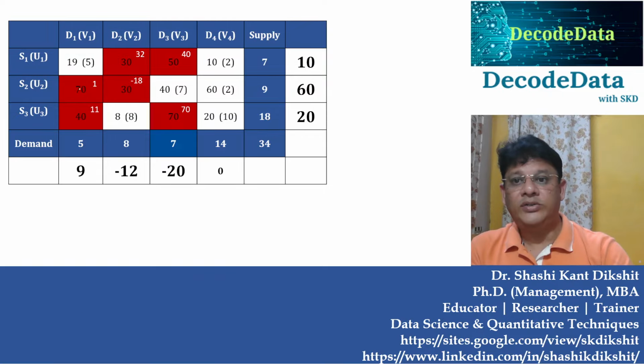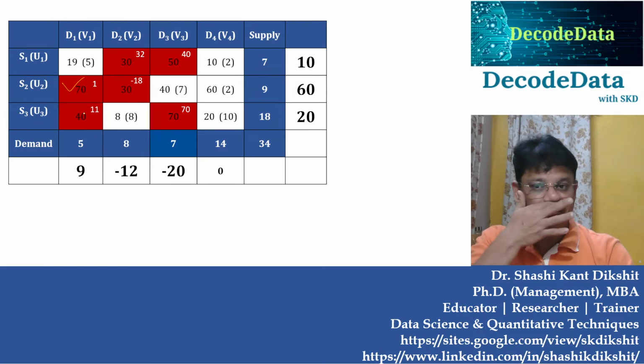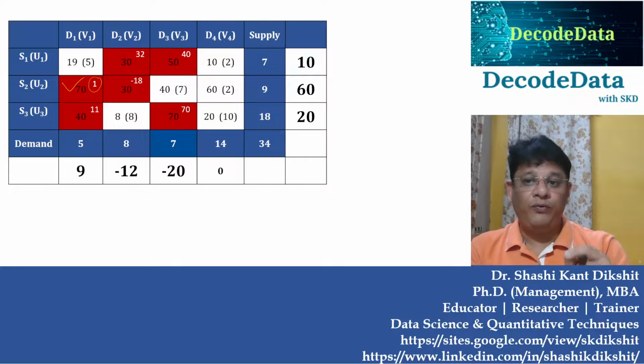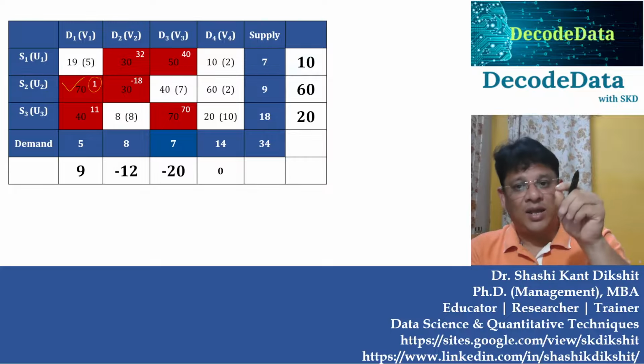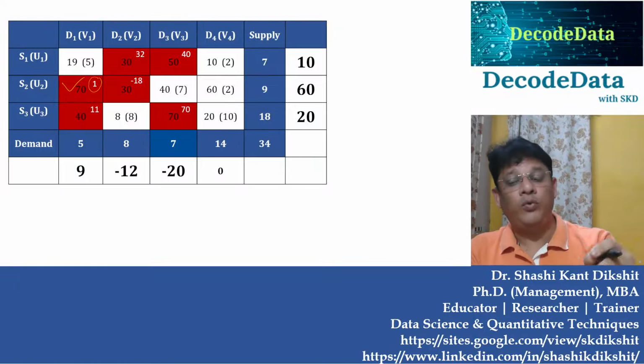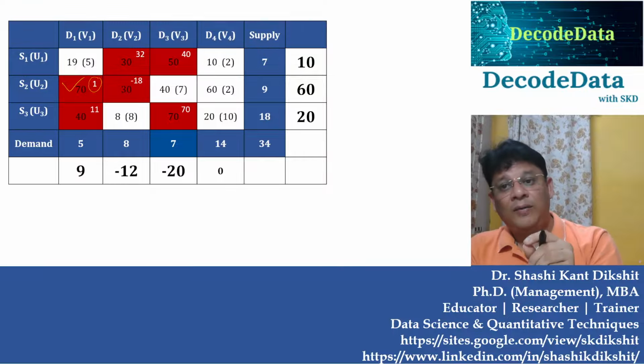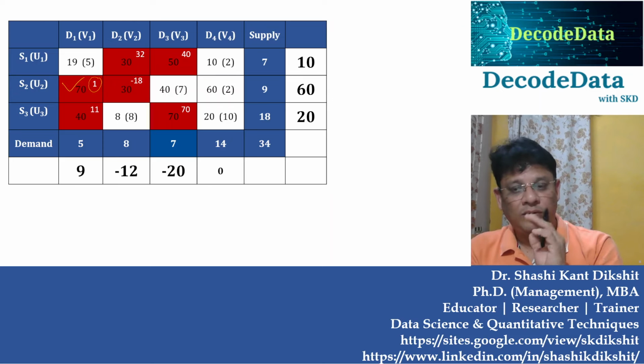Let's take this particular cell. It indicates that if you allocate something to this cell, the cost will be increased by 1, because there is a positive sign.